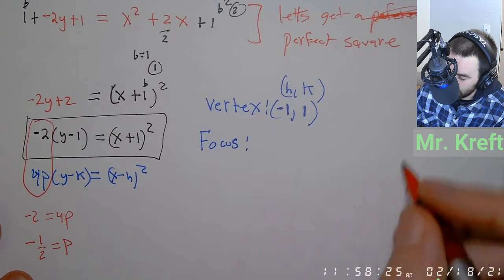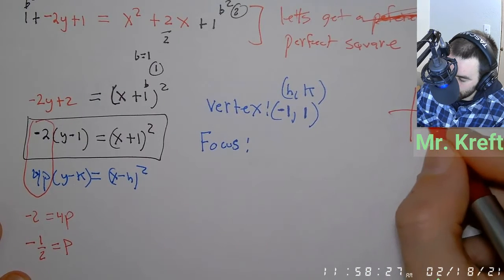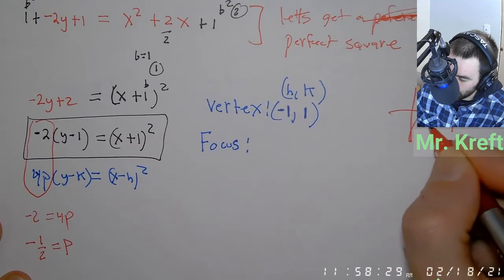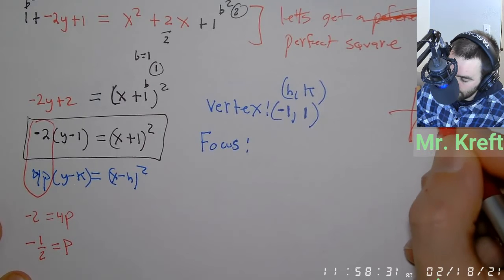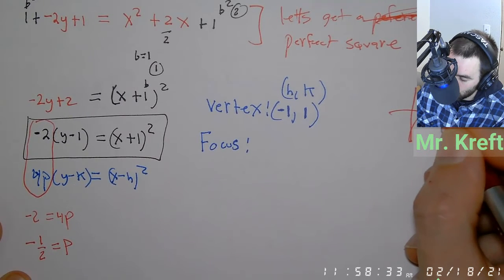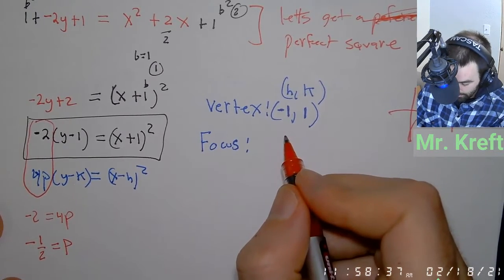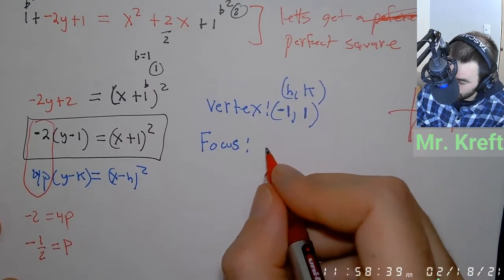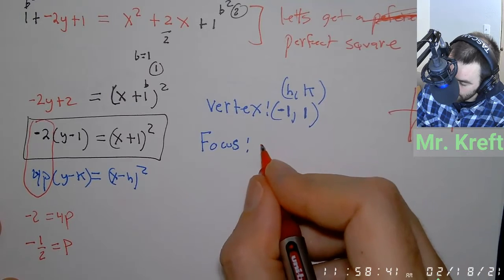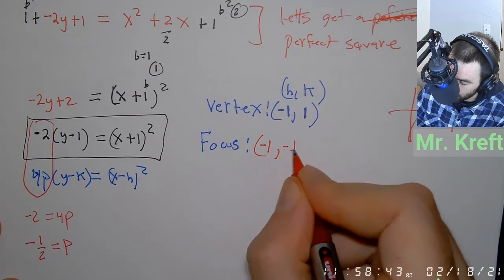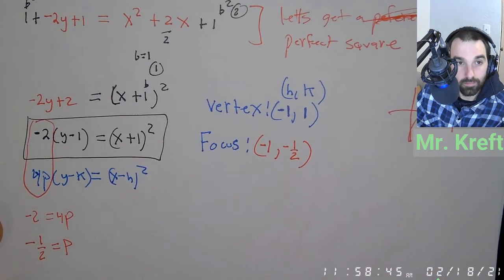So if I had my vertex and I was opening down, that means I'm going to be y minus p. So 1 minus 1/2 is 1/2. So my focus is going to be at -1, 1/2.